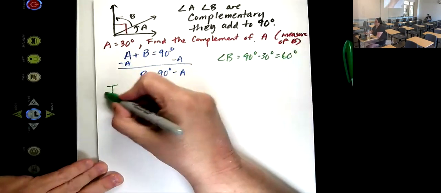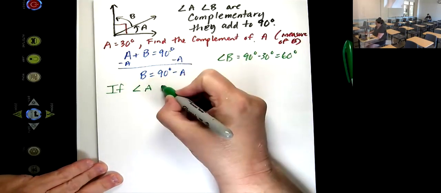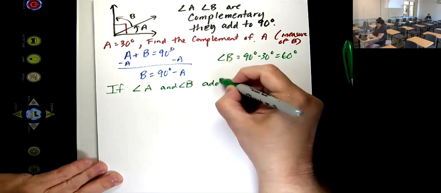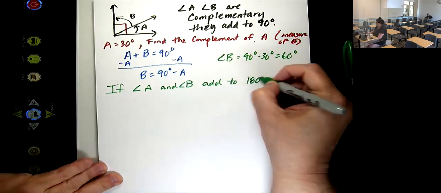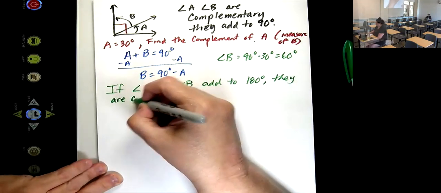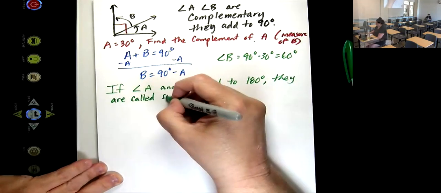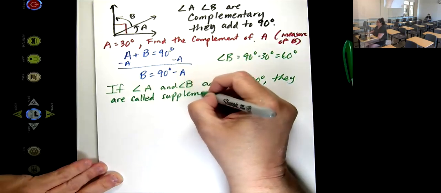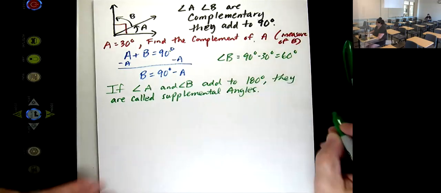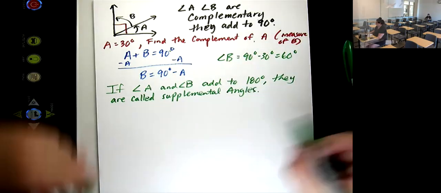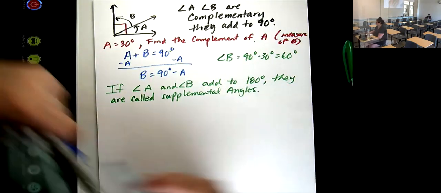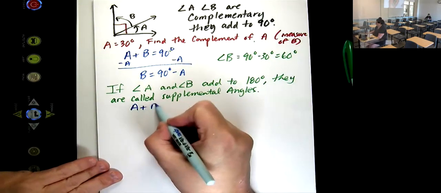If A and B add to 180, they are called supplemental angles. A plus B equals 180.